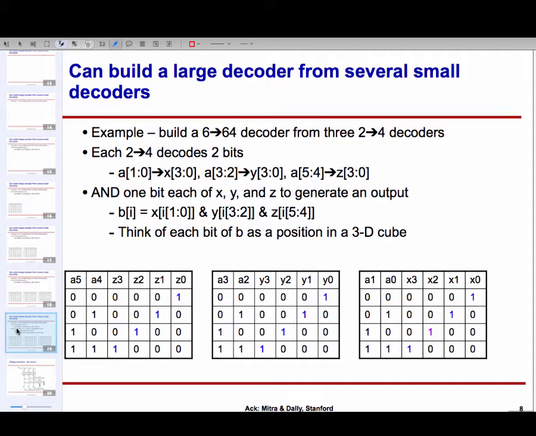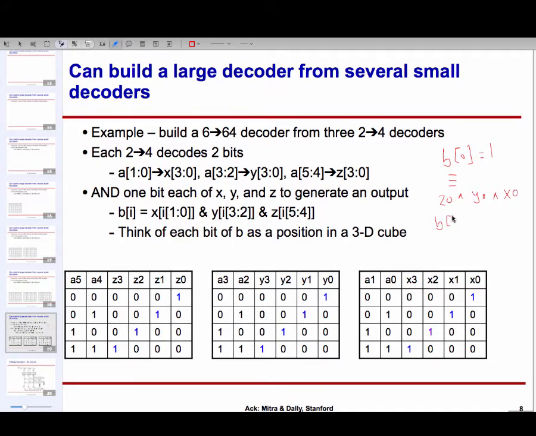Okay. Z0 is high, Y0 is high, and X1 is high. Right? B0 equal to 1 is the same as saying Z0 and Y0 and X0.